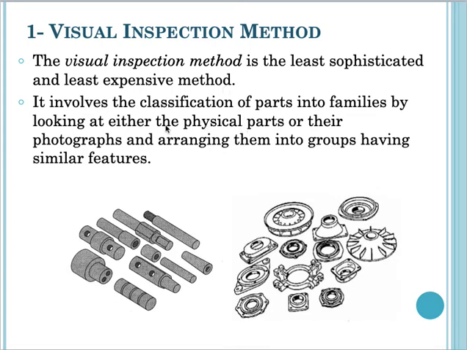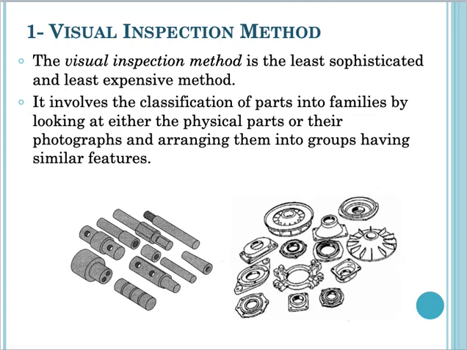It involves the classification of parts into families by looking at either the physical parts or their photographs and arranging them into groups having similar features. So this is the visual inspection kind of method.